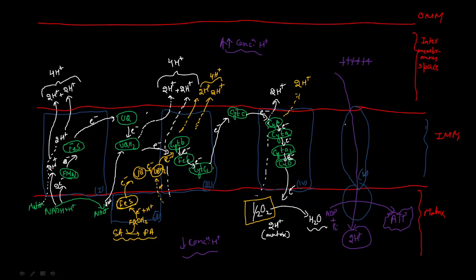When 2 protons are pulled and dropped inside the matrix region, there is conversion of 1 ADP to 1 ATP. So that is how ATP is formed. This whole theory of chemical gradient formation is also known as the chemiosmotic theory.